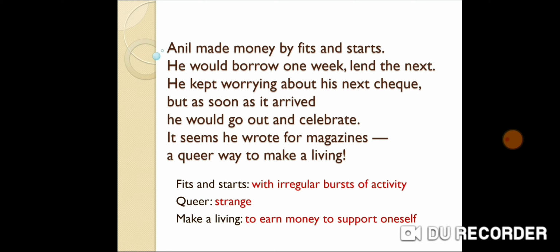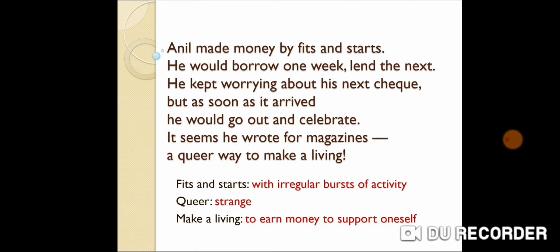He was borrowing money from his friends whenever he was not having any, and whenever he was earning money, he was giving back that money to the person from whom he had already borrowed. So Anil was always worrying about his next check, means money.